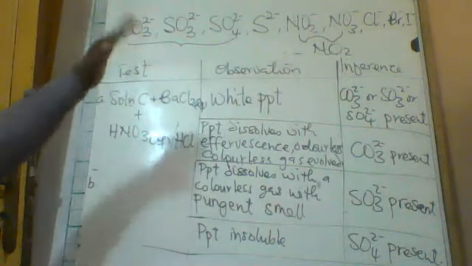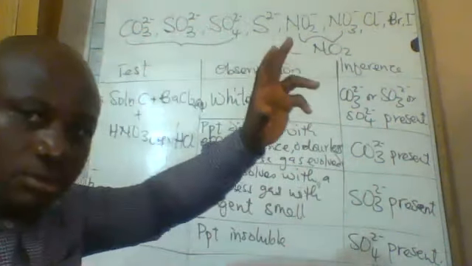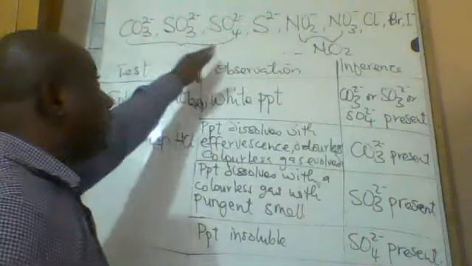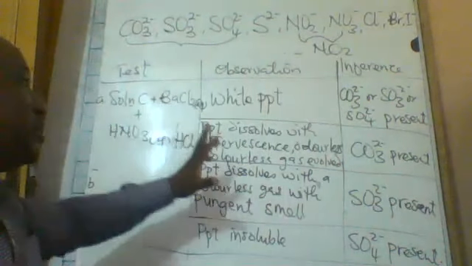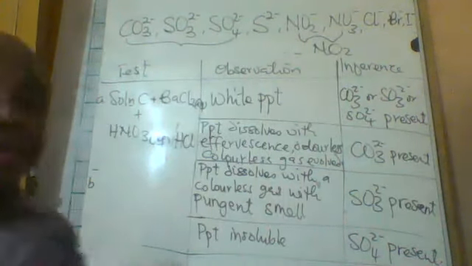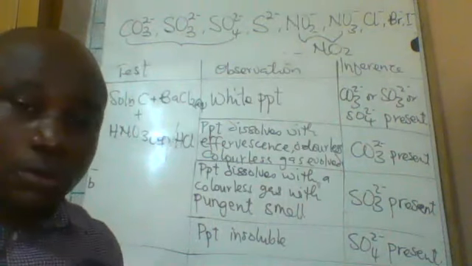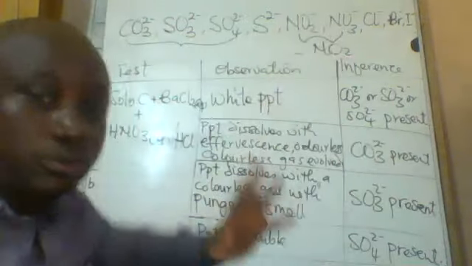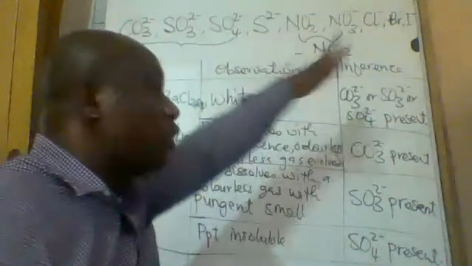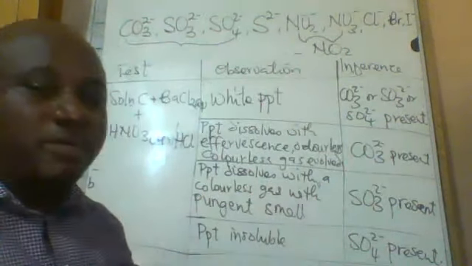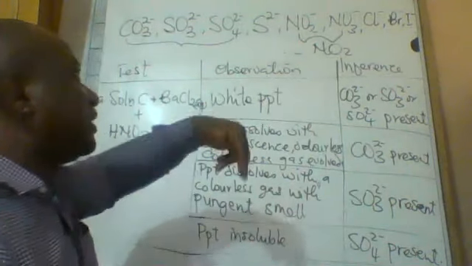Among all the anions, it is only these three that we use barium chloride or barium nitrate in testing for. We don't use barium chloride or barium nitrate for the other ions. It is specifically for these three.